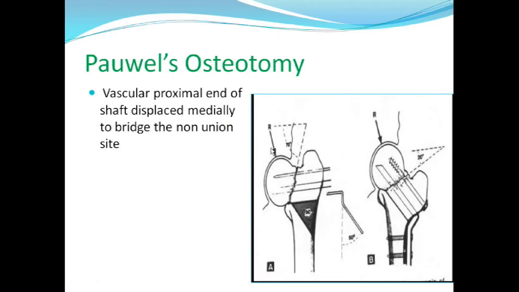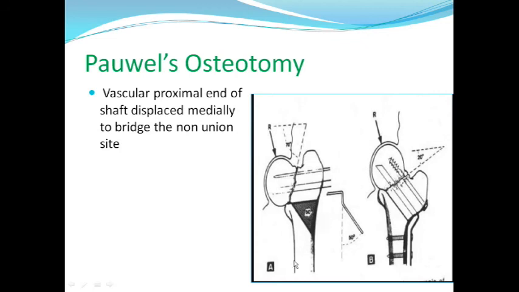Now coming to Powell's osteotomy. What do we do here? At this proximal end of the shaft, we cut this end and remove this part. From the distal part, here we cut a triangular shape of bone.